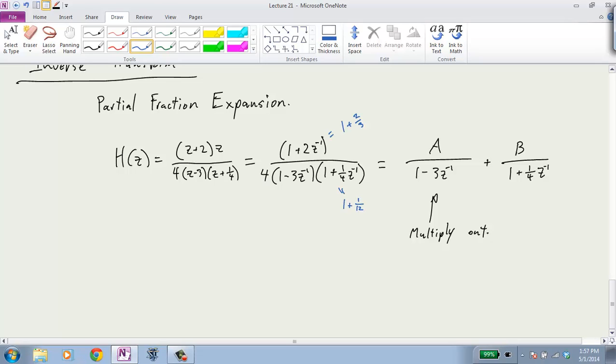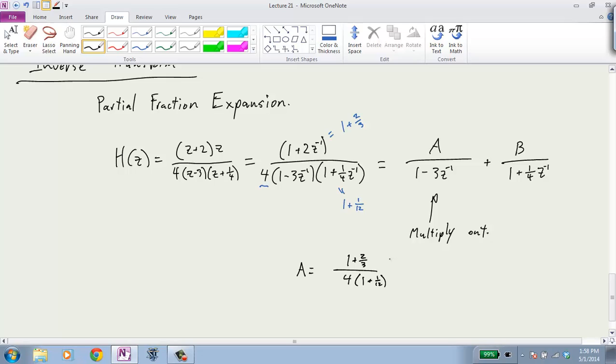And I still have this 4 here. So I end up with A equals 1 plus 2/3 over 4 times 1 plus 1/12. And then whatever, multiply that out.